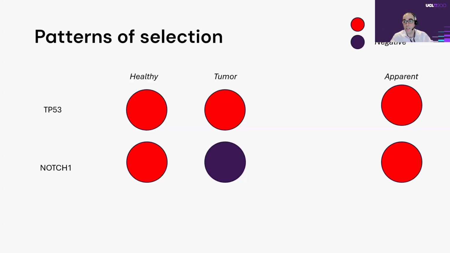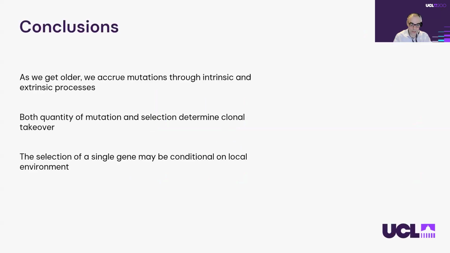And what we see when we sequence the tumor is an artifact induced by the fact that we've effectively compressed time, and that Notch1 mutations are extremely common. So to conclude this lecture, as we get older, we accrue mutations through both intrinsic and extrinsic processes. Both the quantity of mutation and selection determine the clonal takeover, and we can understand the clonal takeover and dynamics through computational models. And the selection of a single gene is conditional on the specific environment and the mechanism of growth.